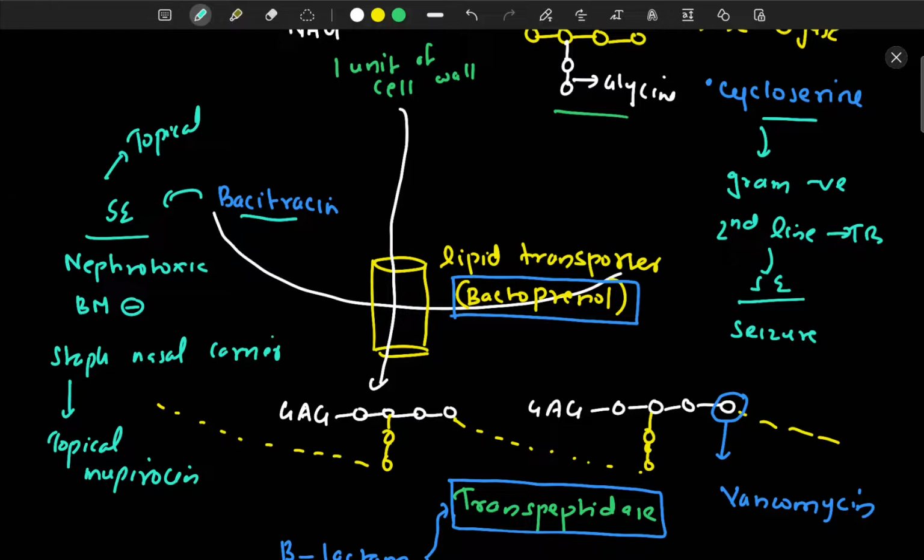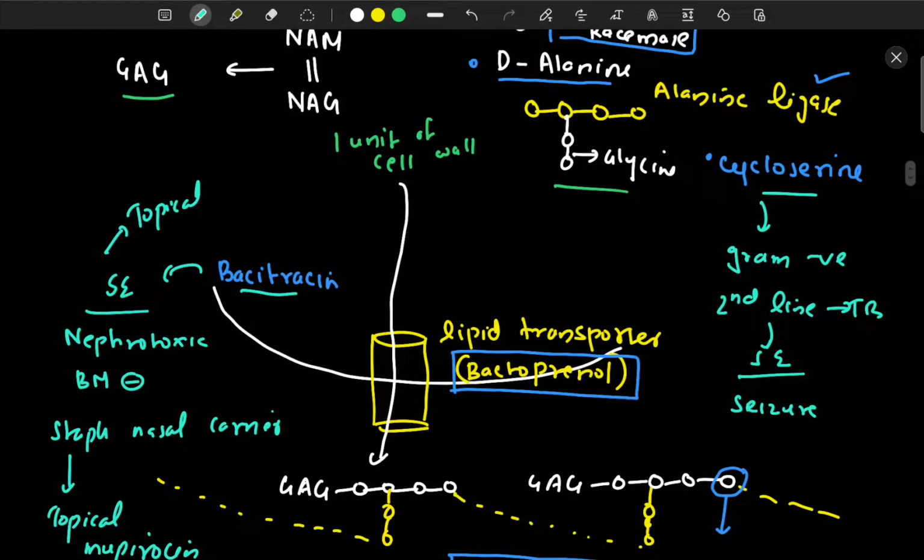We can also give the bacitracin orally for localized GIT effect, because when you take this drug, it is not absorbed in your body. So if there are localized GIT effects such as enterococcus and pseudomembranous enterocolitis.